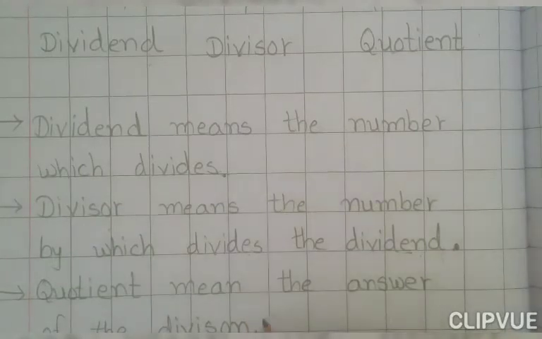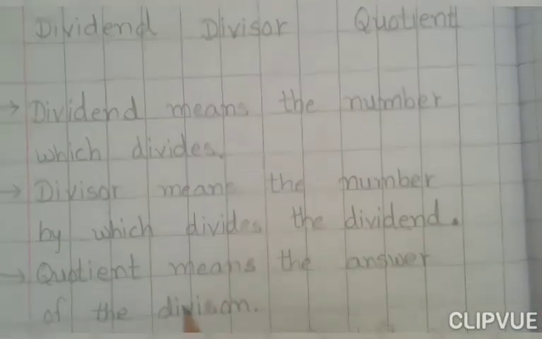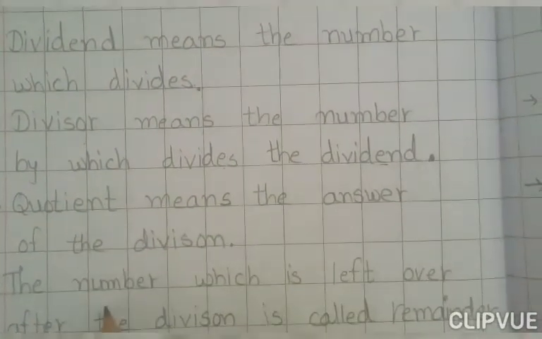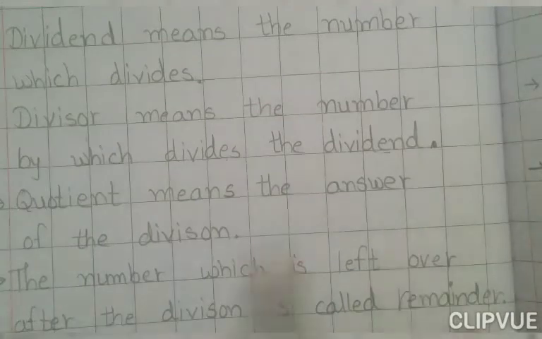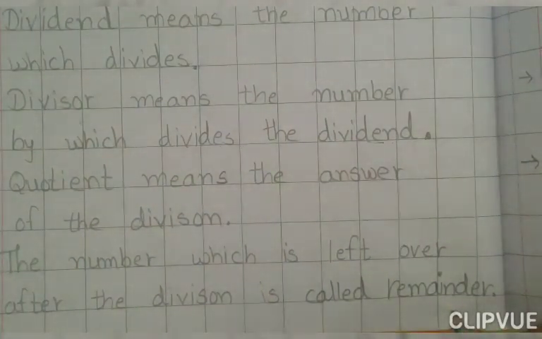Quotient means the answer of the division is called quotient. The number which is left over after the division is called remainder. Means while you divide any number by another number and if some number is left over, that number is called a remainder.